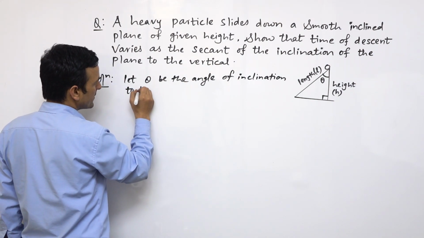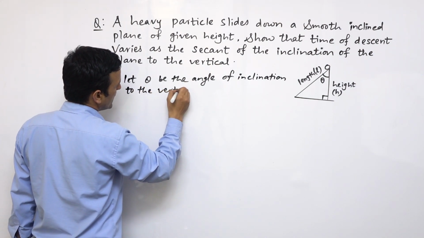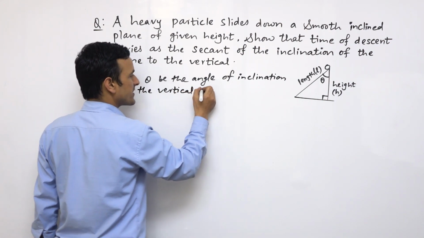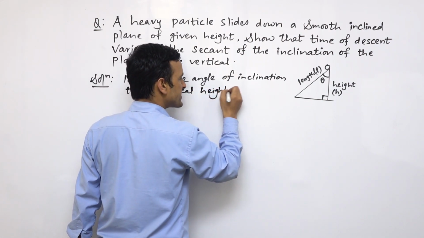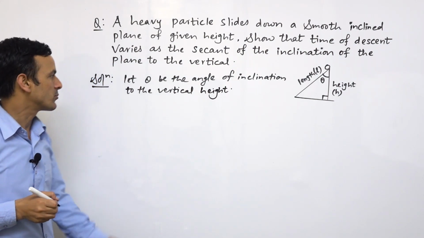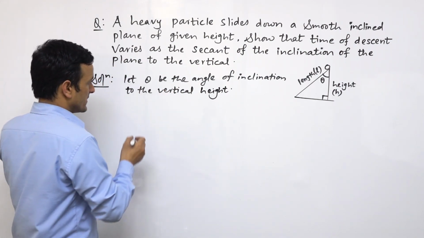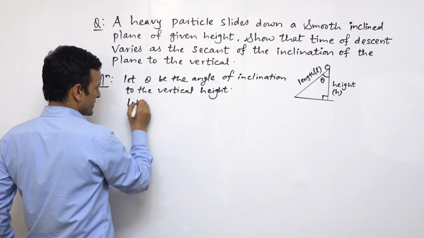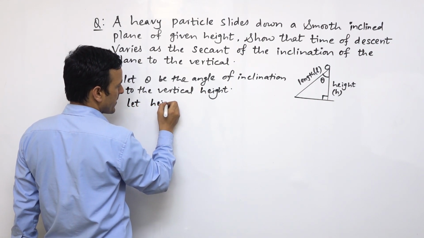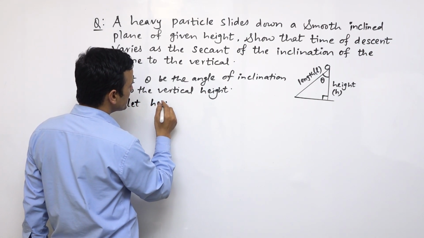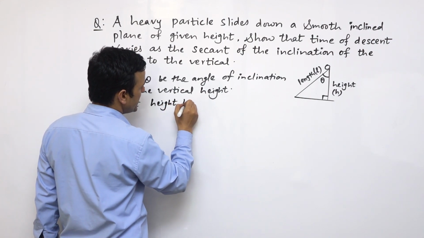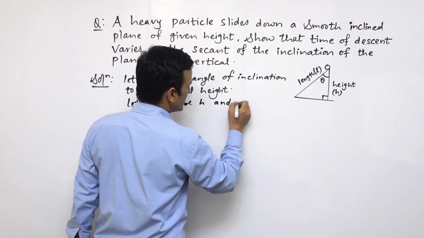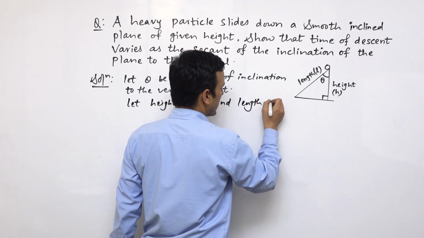to the vertical. The angle made with the vertical height is our theta. Let the height be h and the length be l.